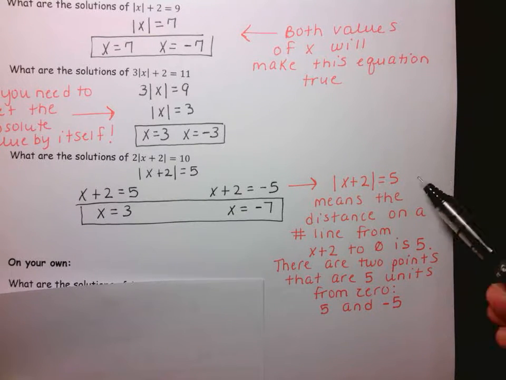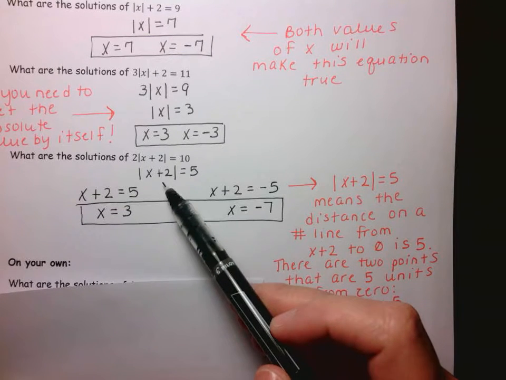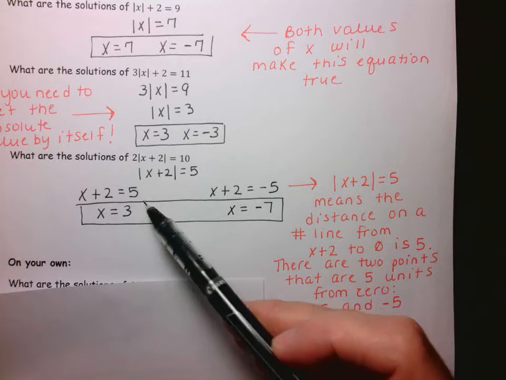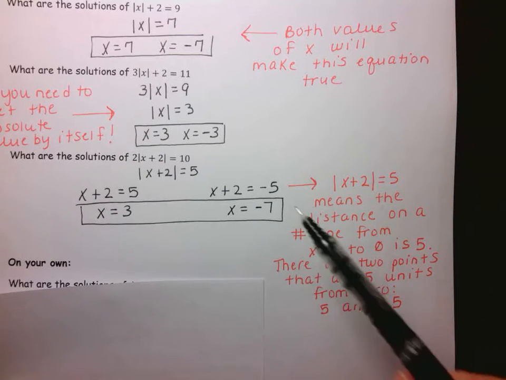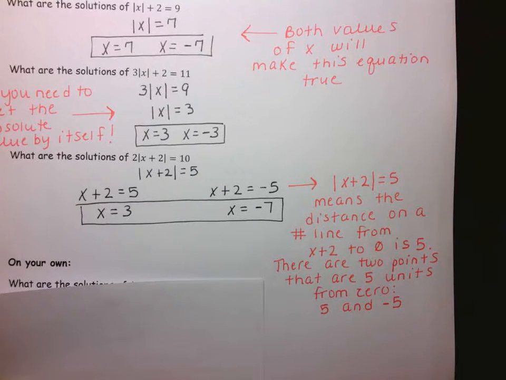So this means the distance on a number line from x plus 2 to 0 is 5. But there are 2 points that are 5 units from 0, 5 and negative 5. So I have to take this and set them equal to both. So x plus 2 is going to equal 5, but x plus 2 is also going to equal negative 5.